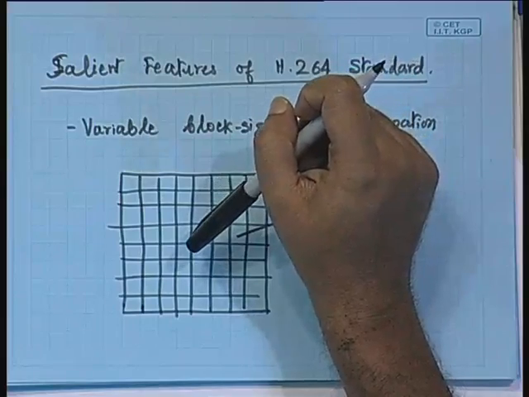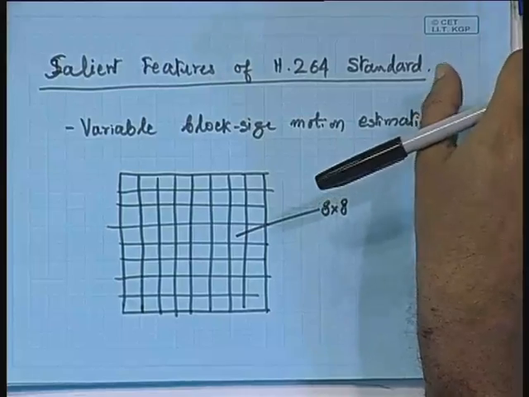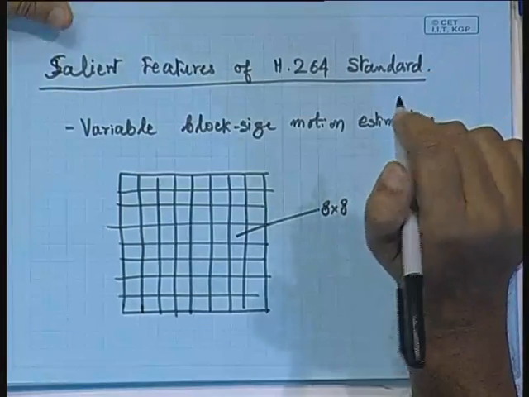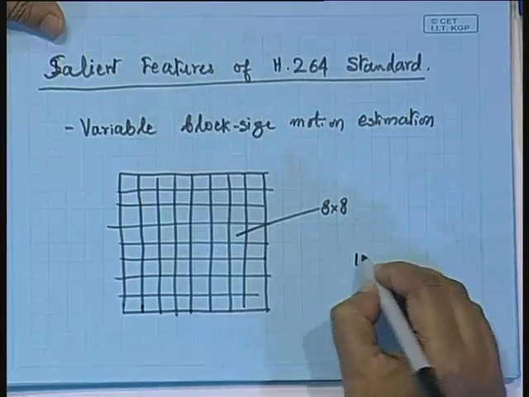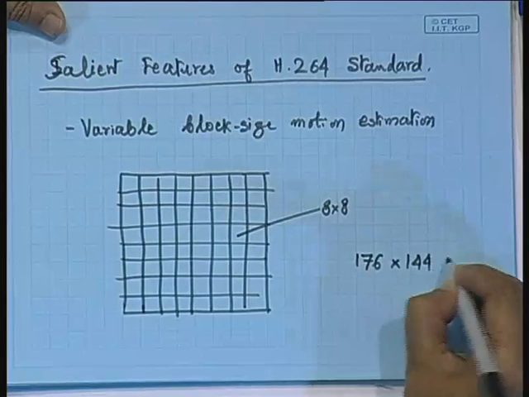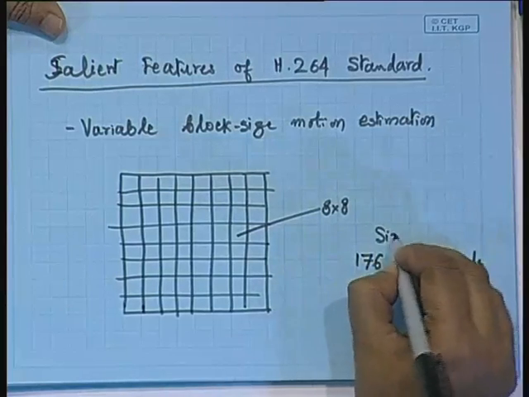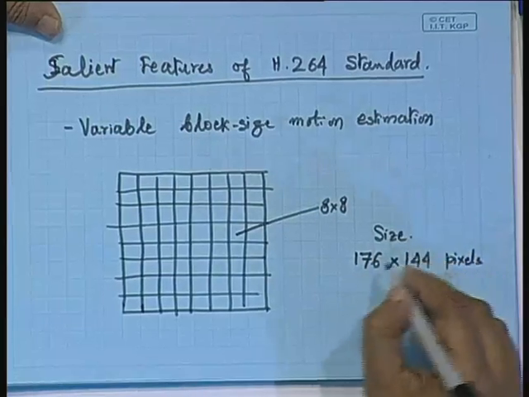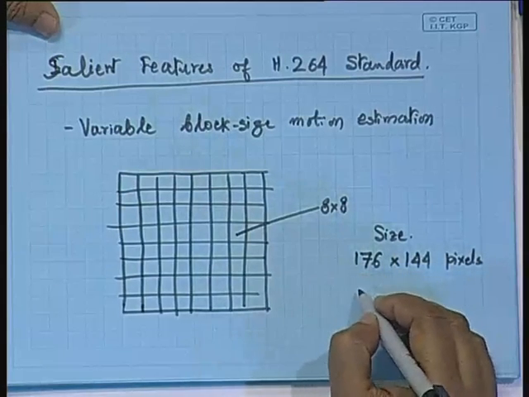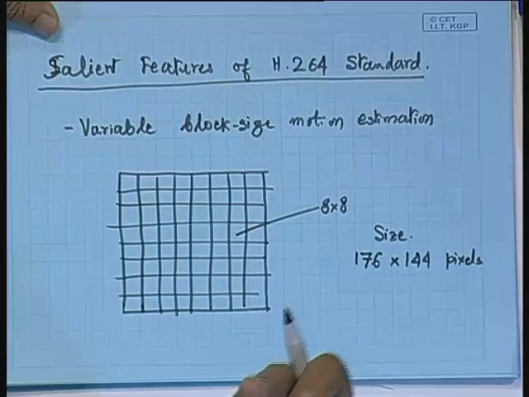First advantage is that, let us take some specific example. Let us say that the image size is 176 by 144 pixels. Say we use this size. In fact, this is a very standard size which is used in small sized images.